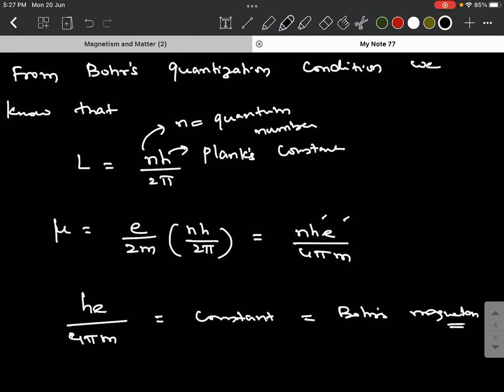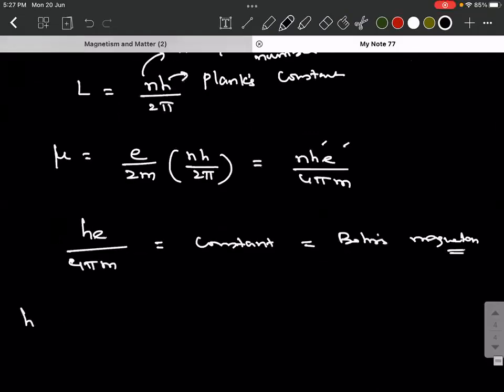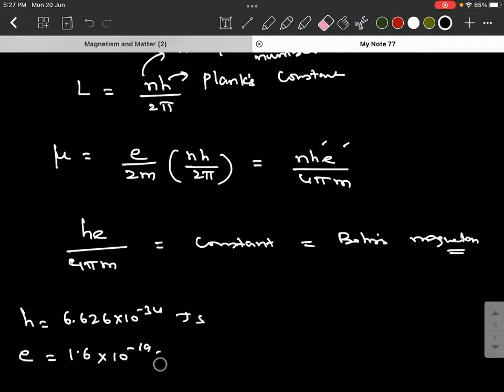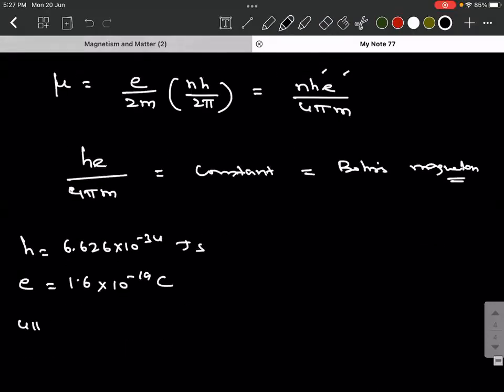magneton. Substitute the value of h as 6.626 into 10 power minus 34 joule second. What is the charge of electron? 1.6 into 10 power minus 19 coulomb. 4 pi is 4 into 3.14, and mass of the electron is 9.1 into 10 power minus 31 kilogram.